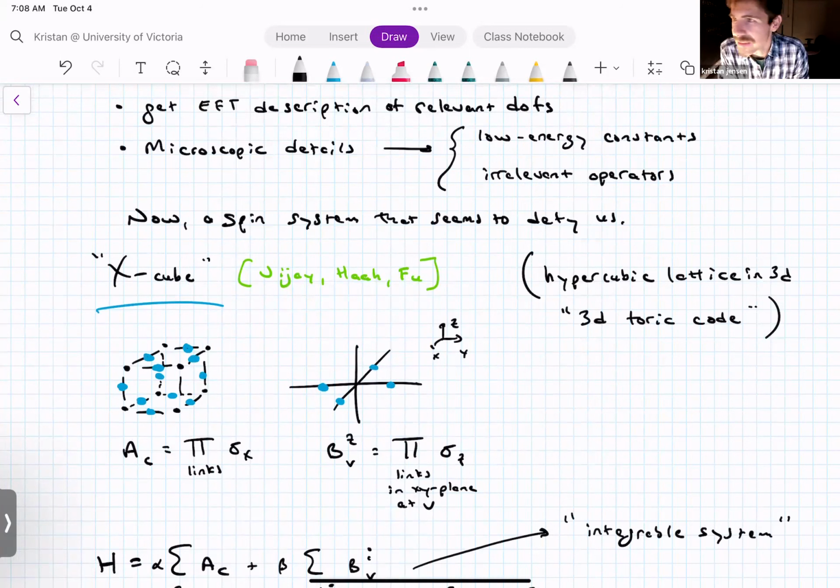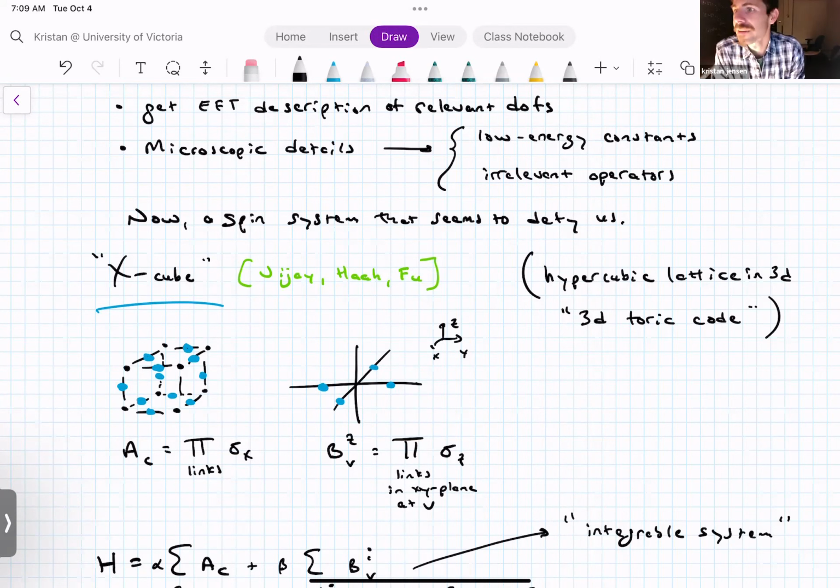It's a spin system on a cubic lattice in 3 dimensions, where spins live on links instead of at vertices. And the basic building blocks of the Hamiltonian are so-called cubes and crosses. What is a cube? Well, you take a cube in the lattice and you multiply all the sigma x's across all the links of the cube. Call that A_C, C for cube.